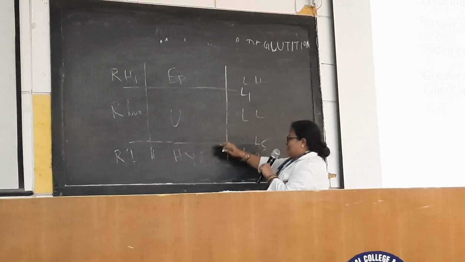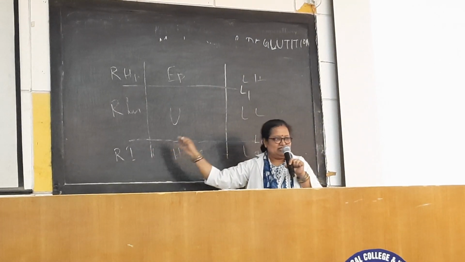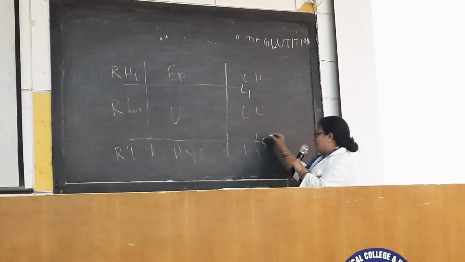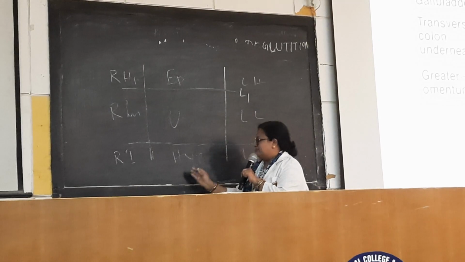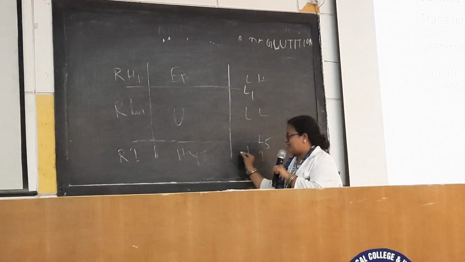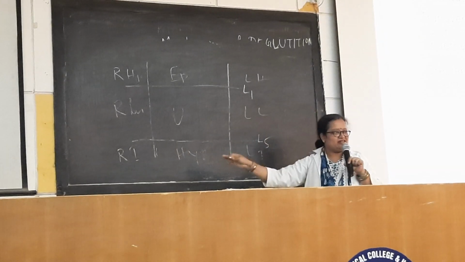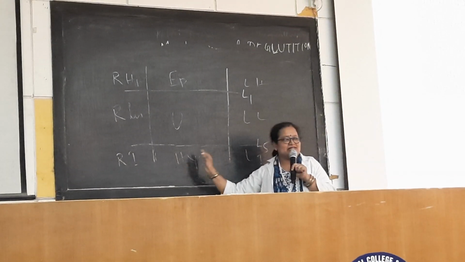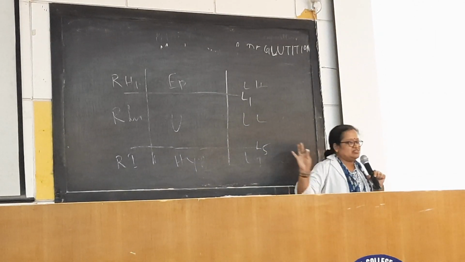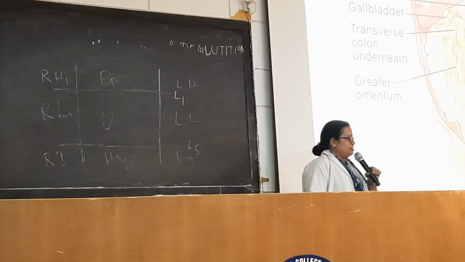Then in the right iliac, cecum and appendix. Here you find the descending colon and sigmoid colon. Then the urinary bladder is here. So this is the disposition of viscera in the 9 quadrants of the abdomen.